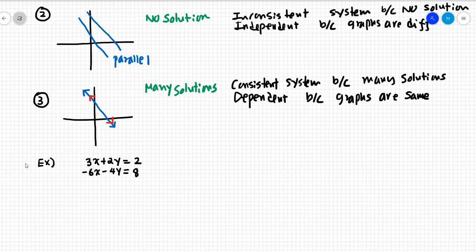I'm going to use the elimination method, and I'm going to multiply the top by 2. So here's what I'm going to do: 3x plus 2y equals 2, and then I'm going to multiply this by 2. I'm not doing anything to the second row, I'm just going to rewrite it.